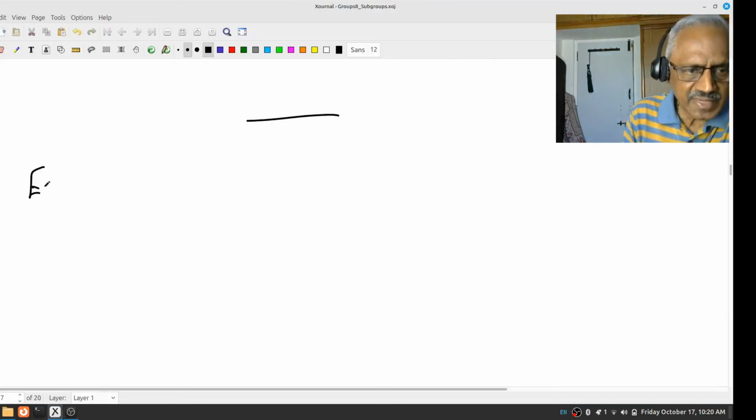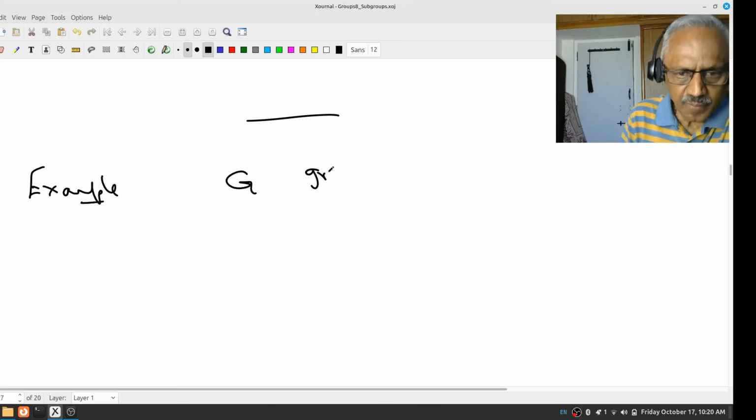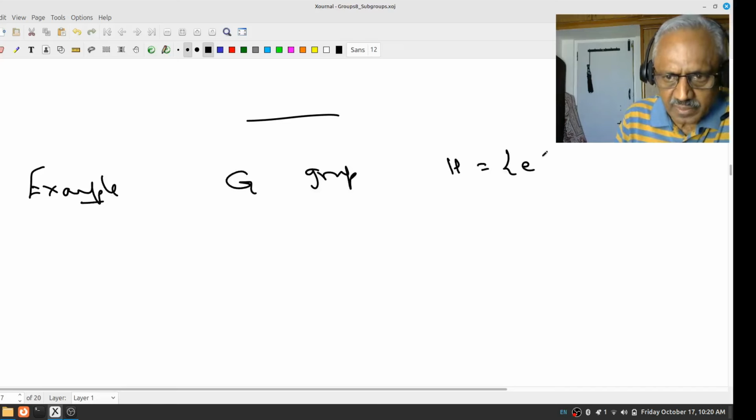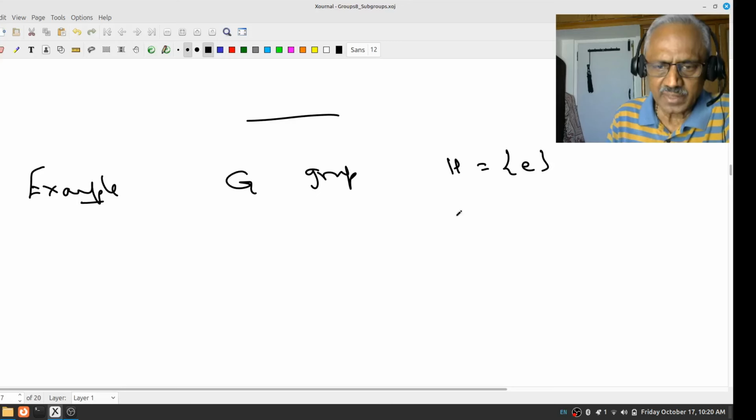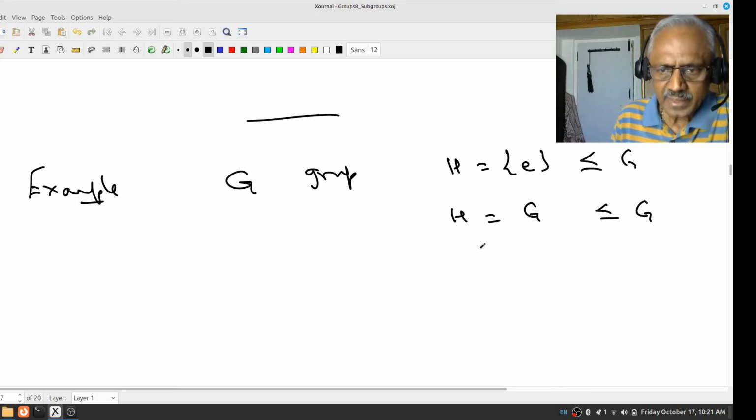Some of the standard examples I will see. Okay, suppose G is a group. Then let us look at H consisting only of the identity element, and H equal to all of G. These are subgroups of G. Why? The identity element belongs to both, call them H naught and H full.